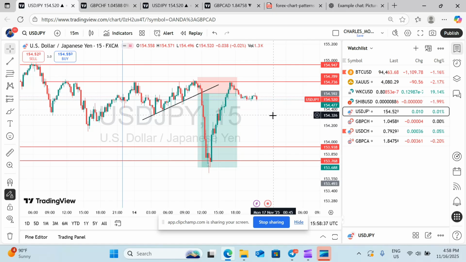So this strategy works because I'm not chasing price. I'm waiting for the market to give me a second chance, the retest, that's what I explained to you some minutes ago. This is where institutions enter, and that's why the win rate is so high, at least 1 to 2, 1 to 3.